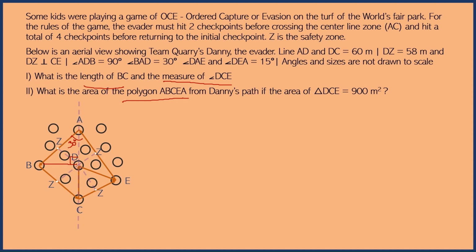We can use the 30, 60, 90 rule for triangles to find the length of BD. So we know that AD is equal to 60 meters. Therefore, BD is going to be equal to 60 over root 3.